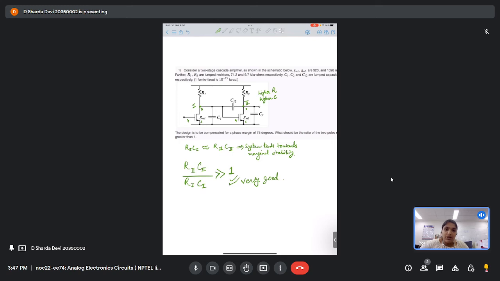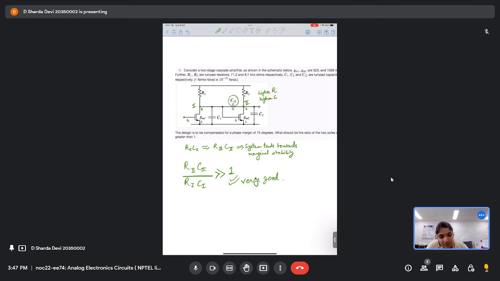So how can we do this? One thing that we can consider is that actually at these two points the capacitances are not equal. That is because of the Miller capacitance.